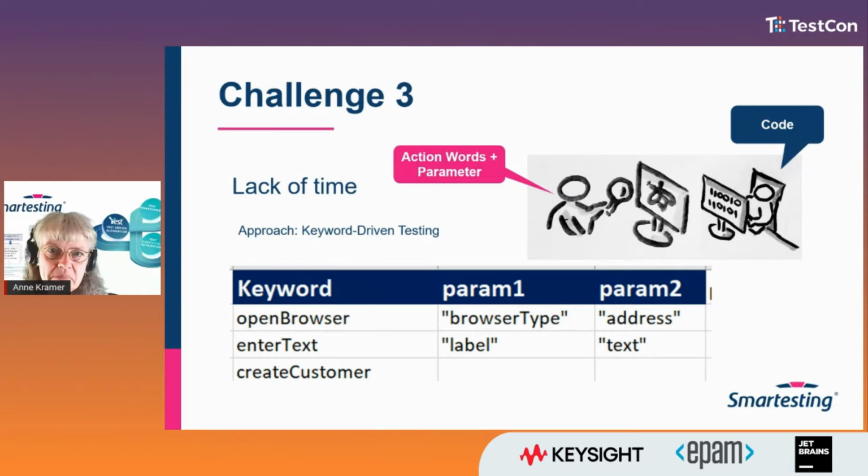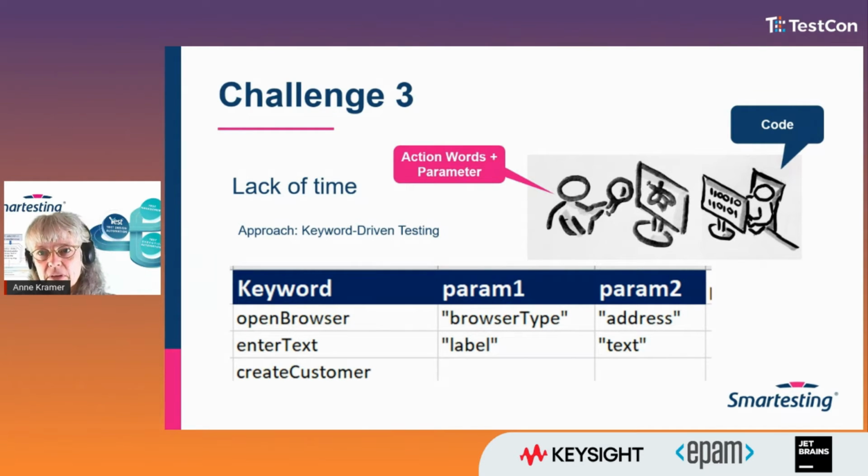Because everybody who can write a test step, open browser and go to URL ABC, will also understand that the keyword open browser takes two parameters, which is the browser type, maybe Chrome or Firefox or whatever, and that the address is probably the URL.